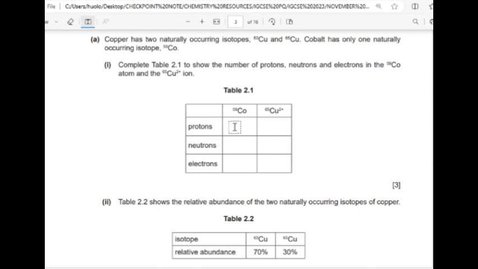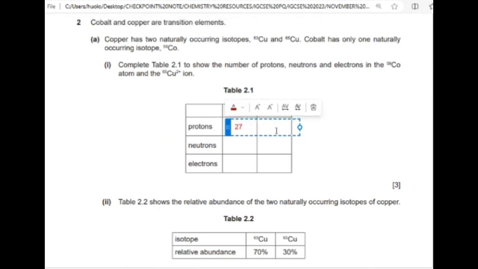Number of protons, 27 for cobalt and 29 for copper. Okay, number of neutrons for cobalt, you are going to do 59 minus 27. 59 minus 27, I'm getting 32.